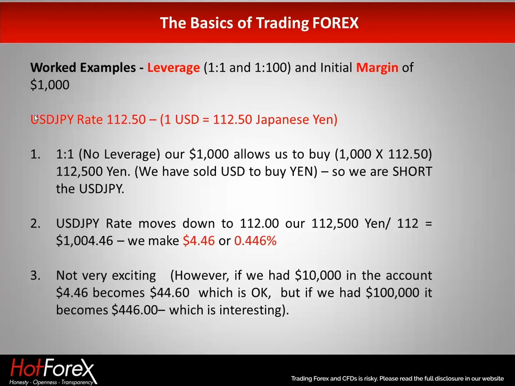In this example, we've got the dollar yen, USD JPY, and the current rate is 112.50. What this means is that $1 US equals 112.5 Japanese yen. In this first example, we're going to use a leverage of one-to-one, or no leverage. So our $1,000 allows us to buy 112,500 yen.